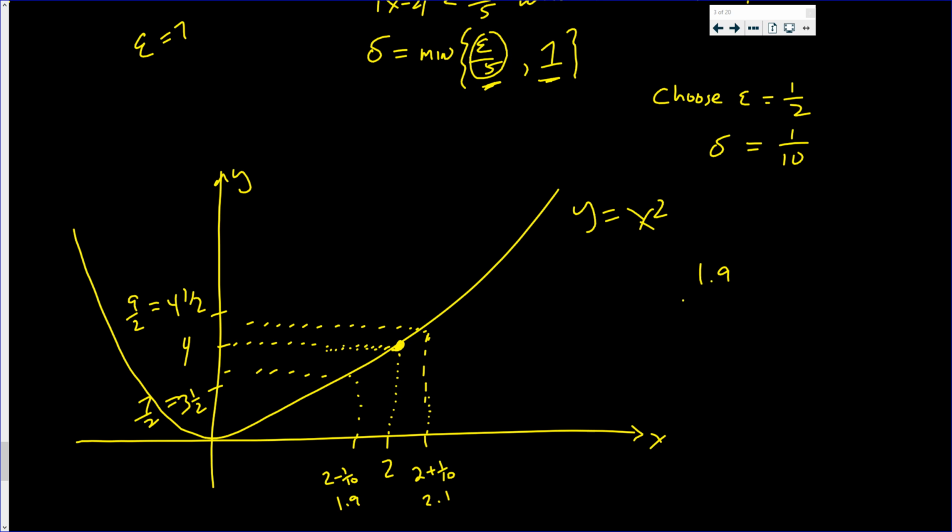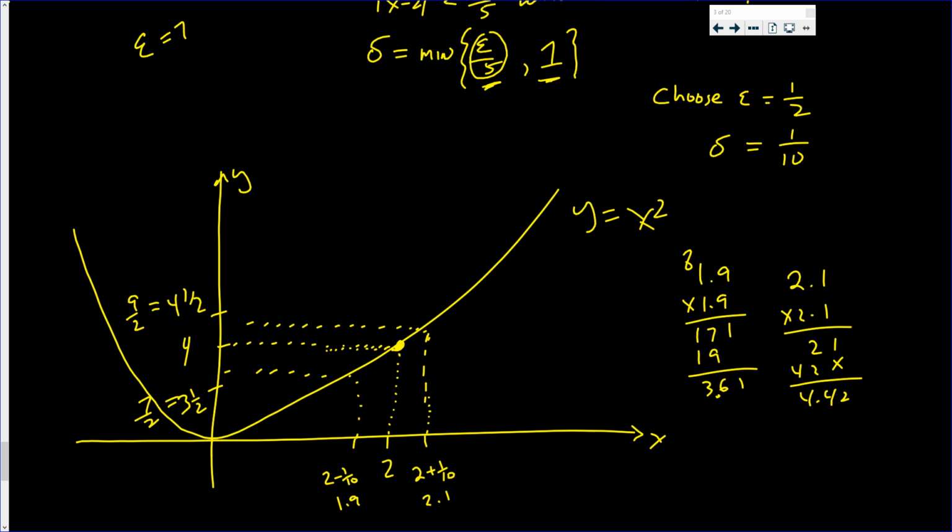Now let's look at this carefully. What is 1.9 times 1.9? 9 times 19 is 171, 1 times 19 is 19, so 3.61. What is 2.1 times 2.1? Well, 1 times 21 is 21. 2 times 21 is 42. It's 4.41.